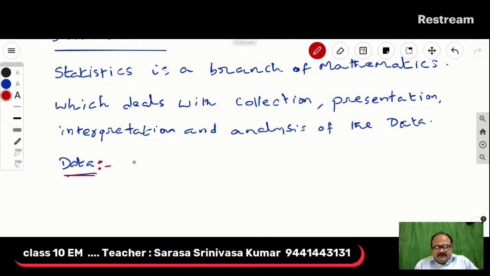Data is a systematic record of a particular quantity.